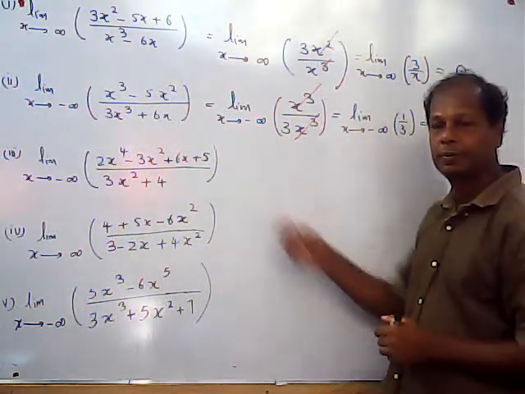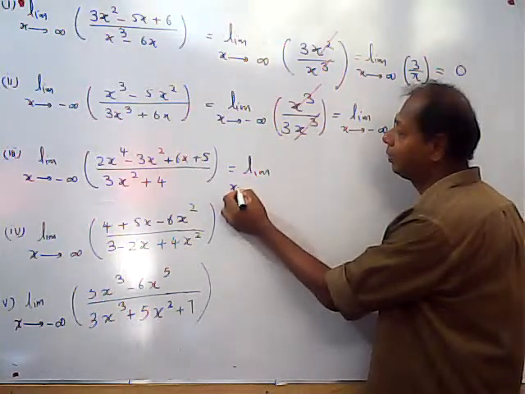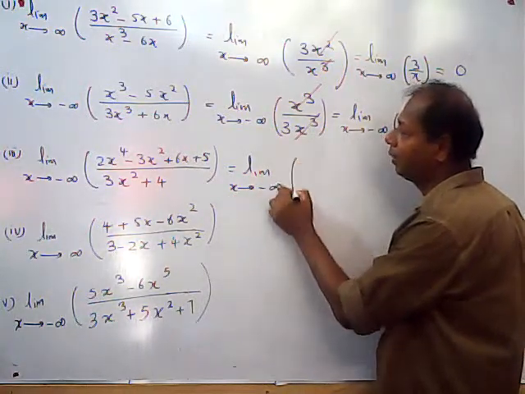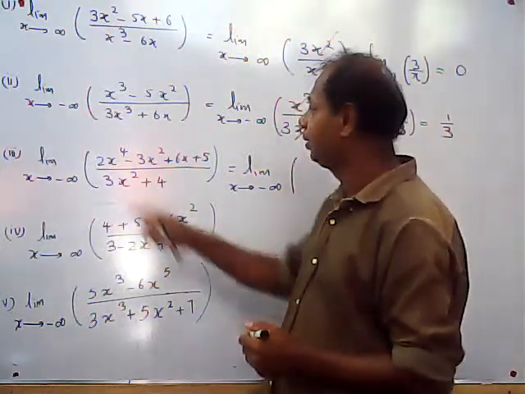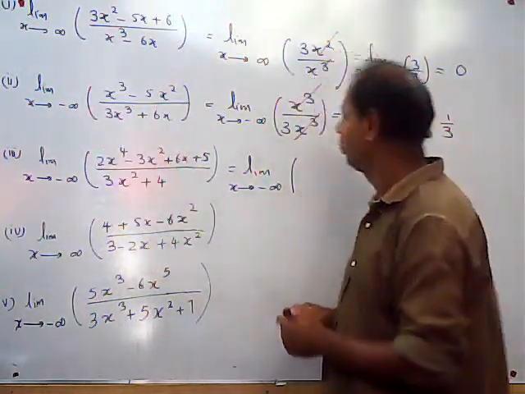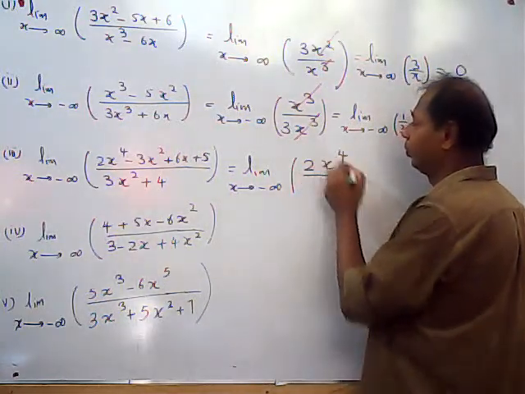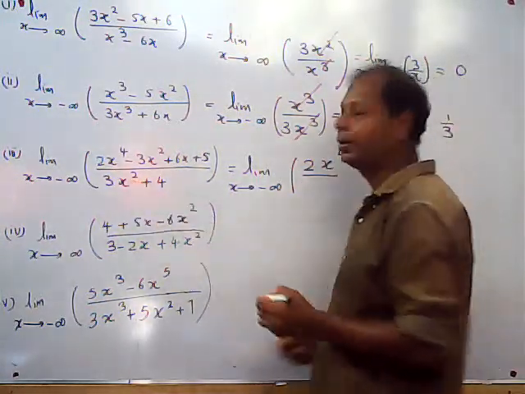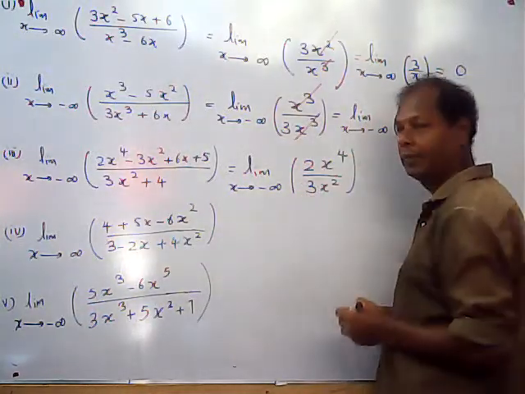Now coming to this, limit as x goes to negative infinity again. You take the highest power terms in the denominator and the numerator. The numerator highest power term is 2x to the power 4 divided by 3x squared. Right?